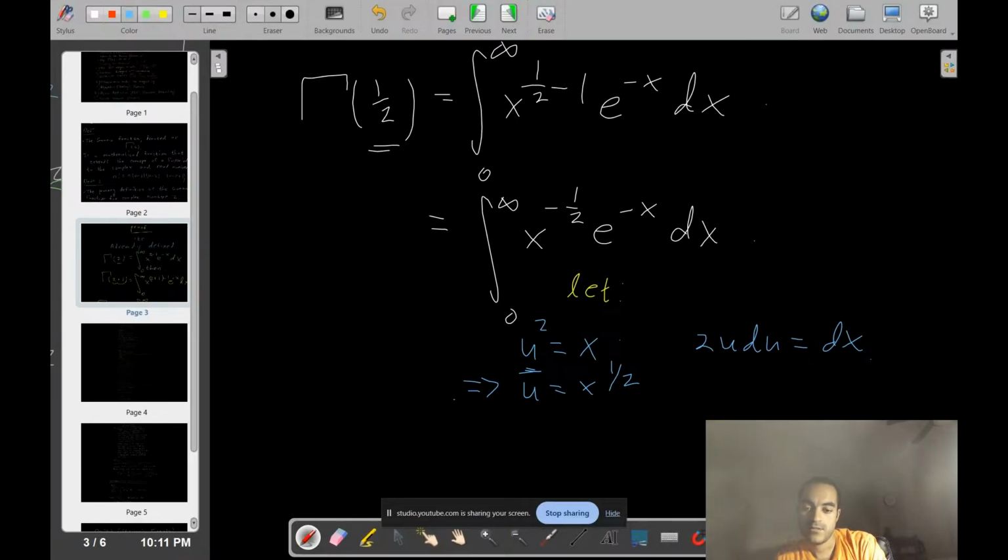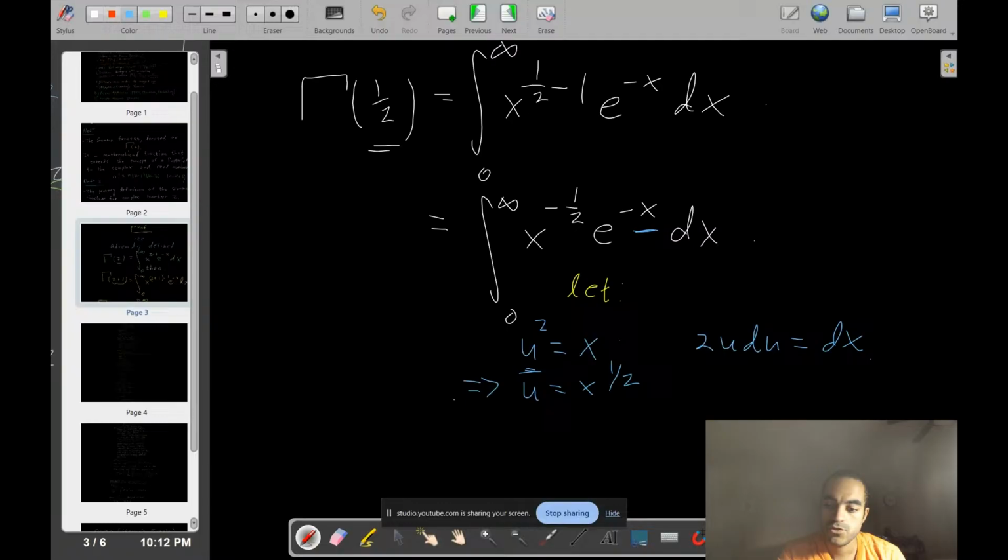The second reason is that having u squared equal to x means I can replace this with e to the negative u squared. And I need to find my du by differentiating both sides with respect to each variable, du and dx.